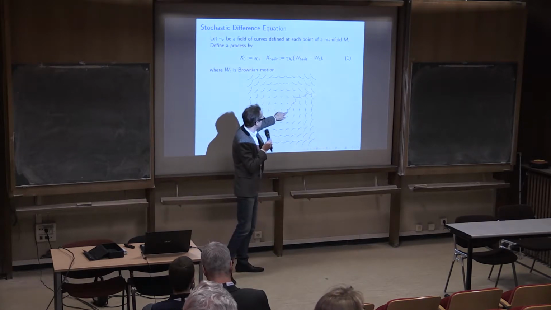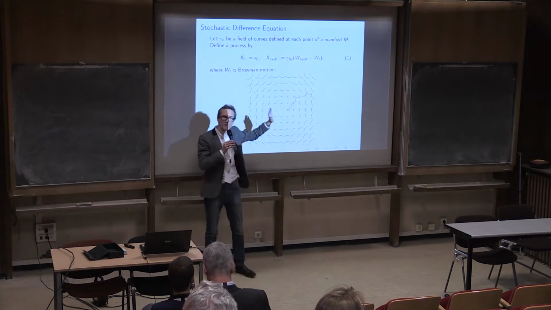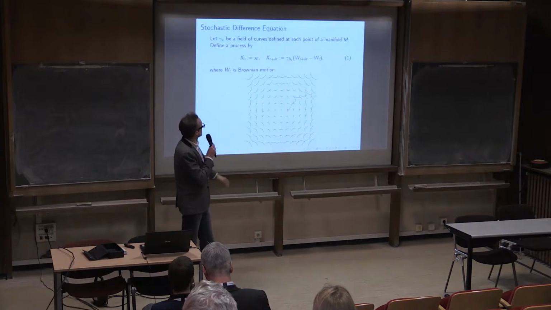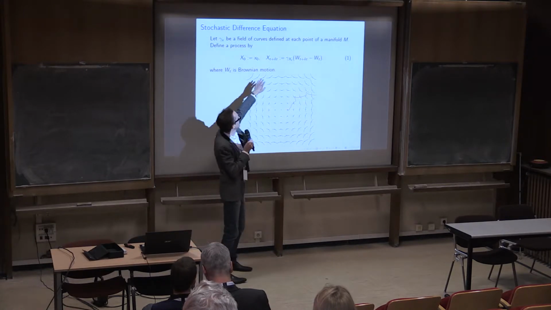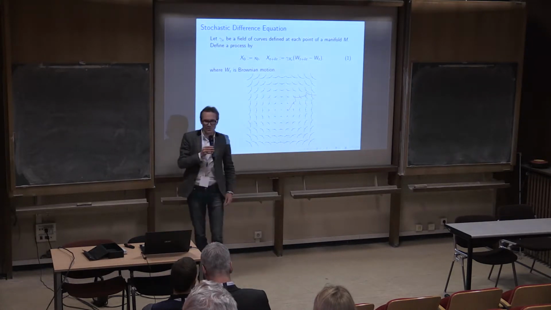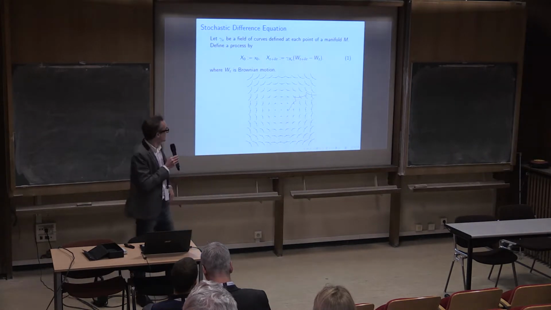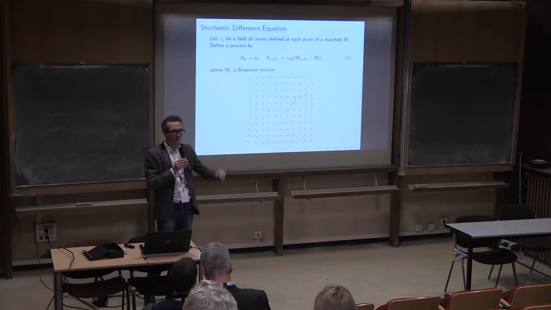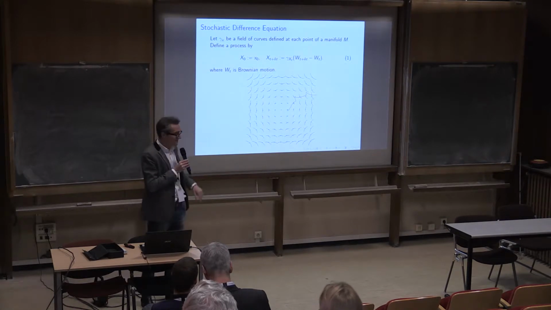So we make a small movement, then we make another movement, another one, another one. And we're constantly following these curves, and the amount we follow the curves is given by these Brownian increments. So here's a formula for the curve that's followed. So essentially what we're doing is we're following the field of curves, but we're following it according to the steps given by Brownian motion. And that's the central idea.